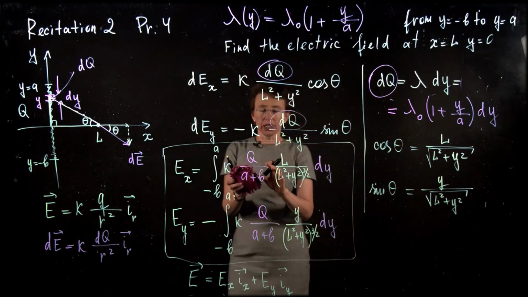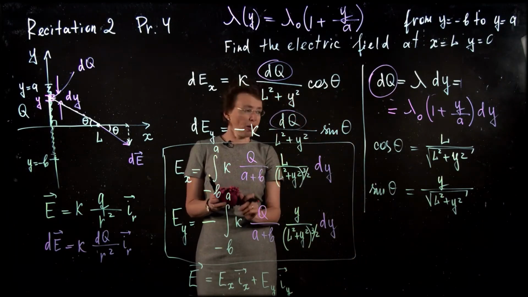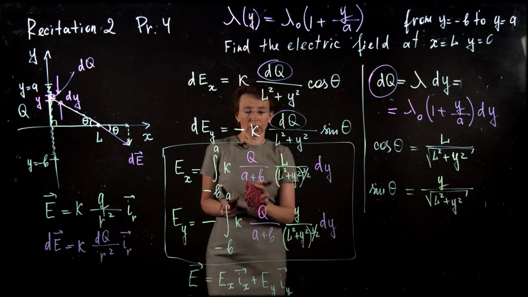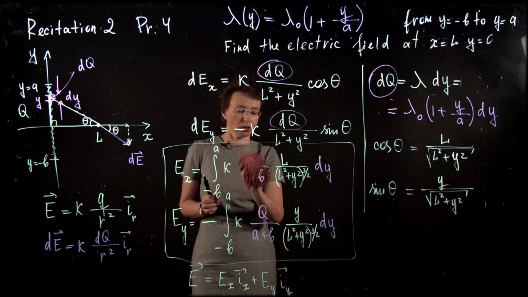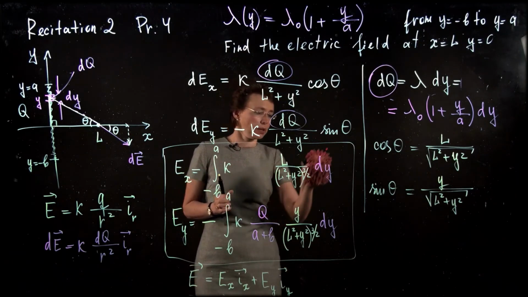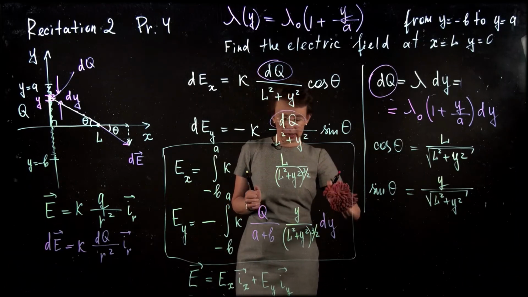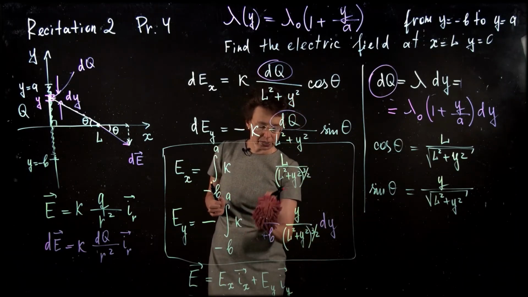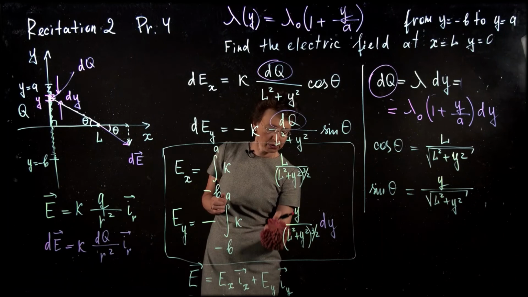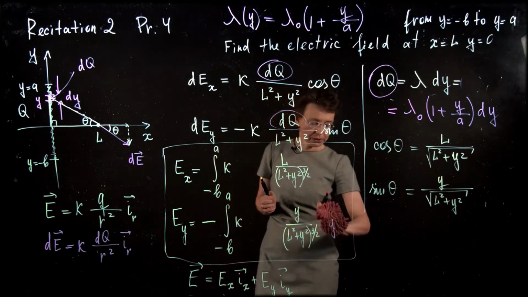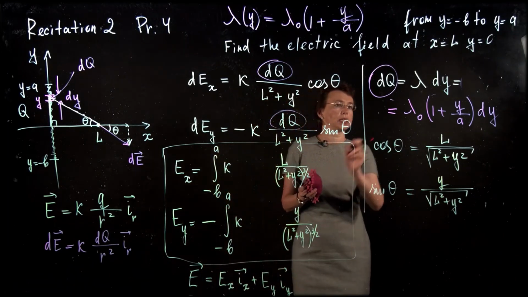So I need to plug in dq in my final formulas. I erase this q over a plus b. I erase everything in red because q is different now. dq is different now. What will be dq?